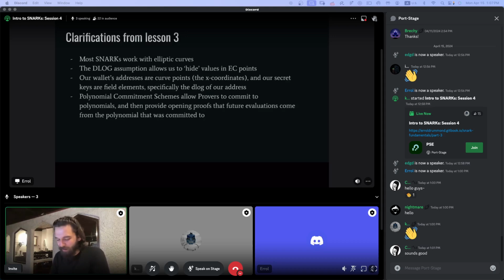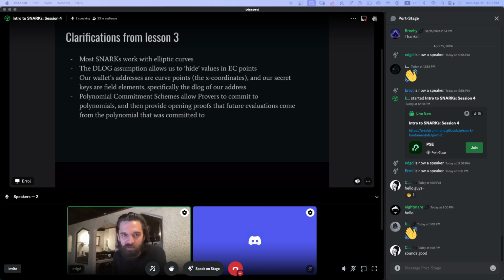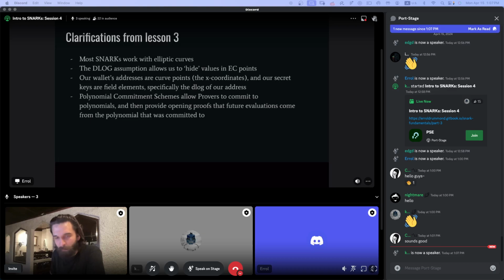Before we get there, I just want to add some clarifications from the third lesson, repeating some of the things there to reinforce that info. Most SNARKs work with elliptic curves. Generally speaking, if it's not post-quantum resistant, it uses elliptic curves.